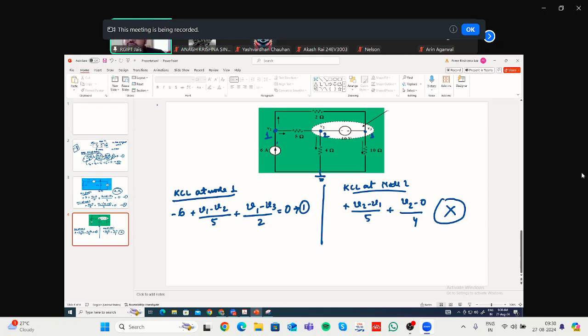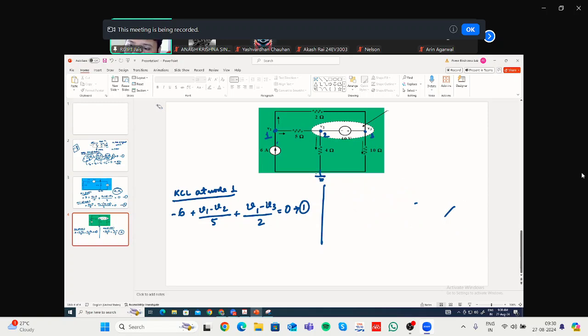Similarly, for the other branches you can write the current, but what about this branch? There you cannot write the current. Hence, you have to use the concept of a super node.